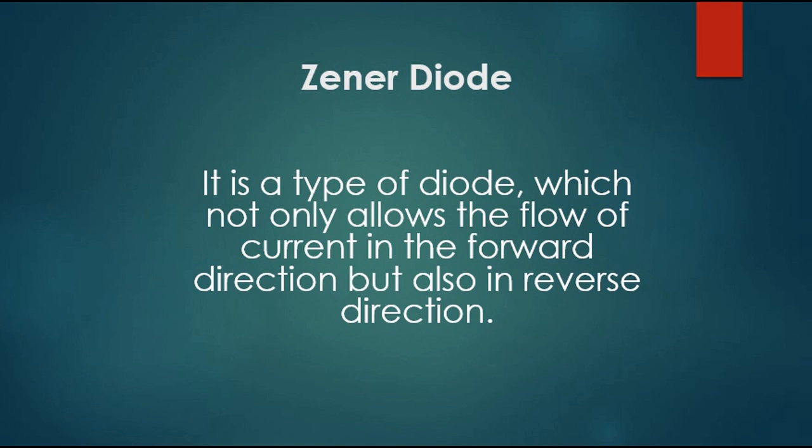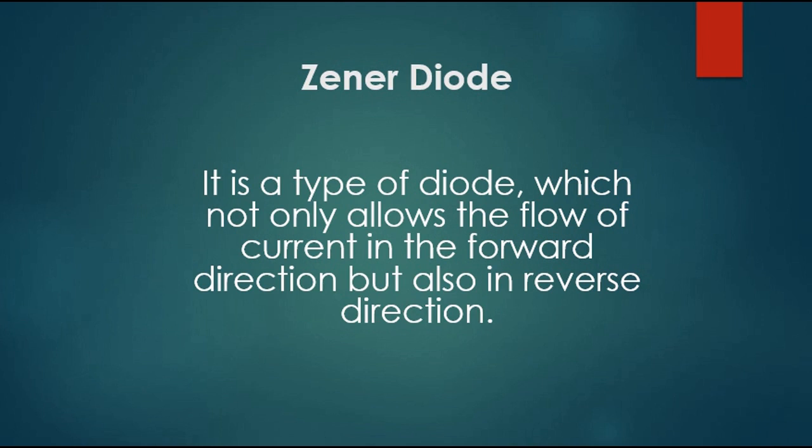It is a type of diode which not only allows the flow of current in the forward direction but also in the reverse direction. The other time I told you that as far as a diode is concerned, a diode allows current to flow in a particular direction and blocks the other.